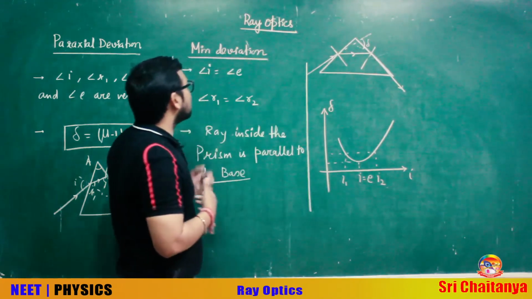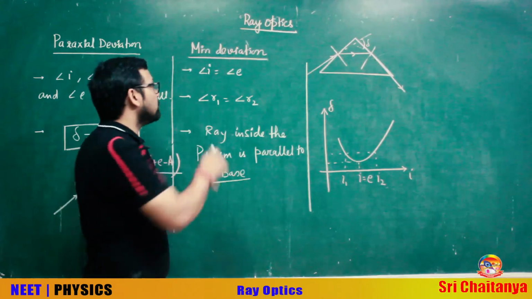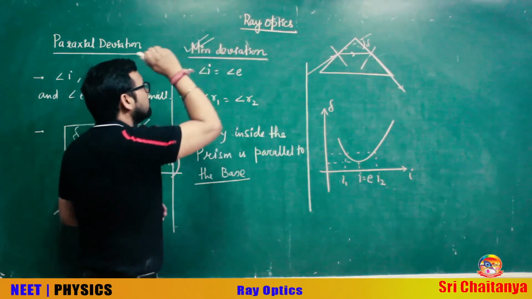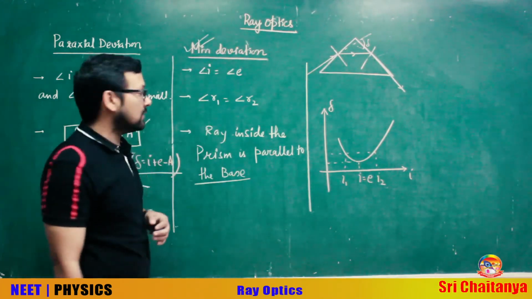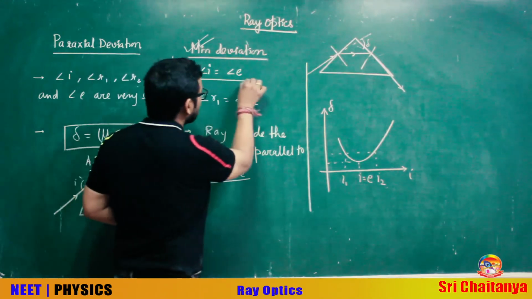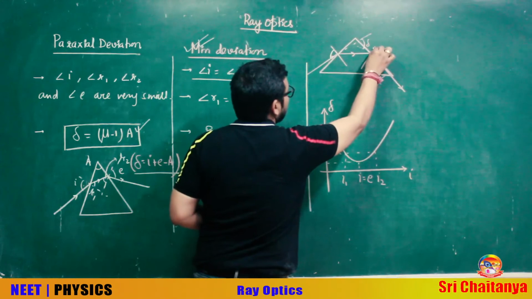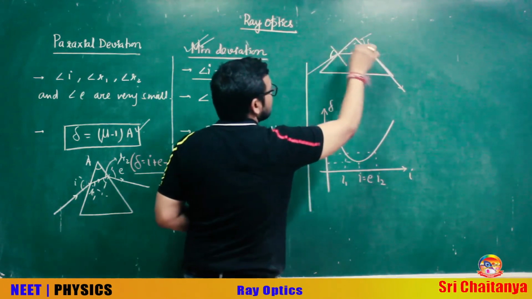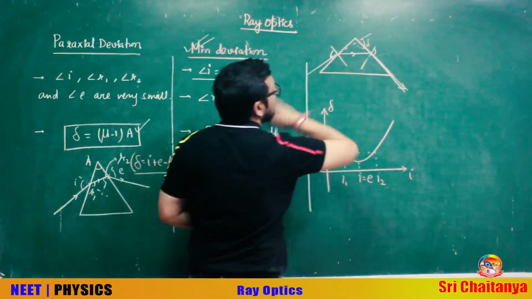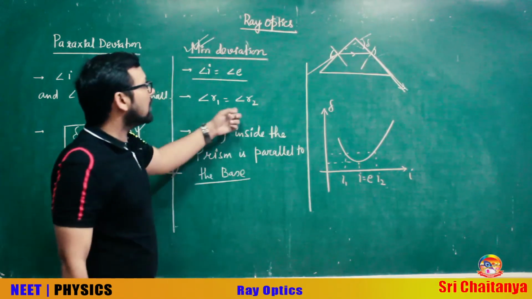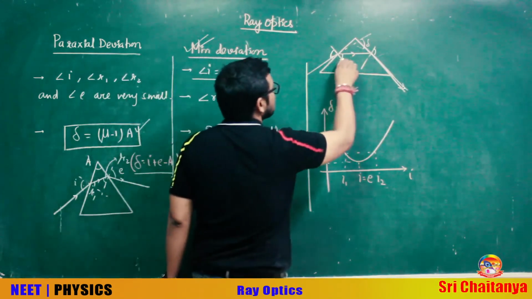The next is the minimum deviation, a very, very important topic for NEET. Minimum deviation. The condition is angle I is equal to angle E. So angle I and angle E are equal, hence you can see the rays are symmetric. R1 and R2, the inner angles, must be equal as well.